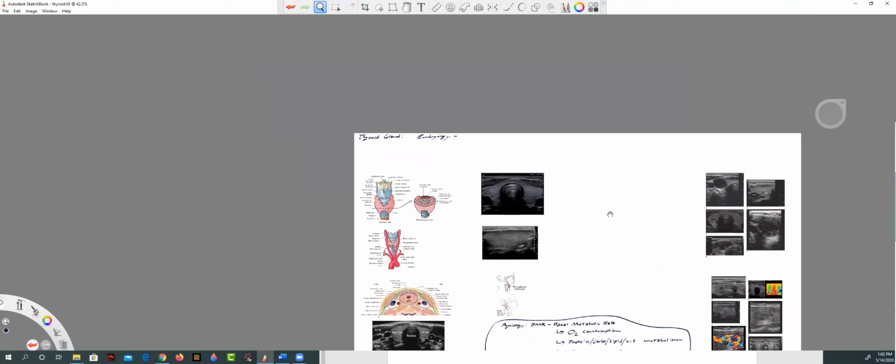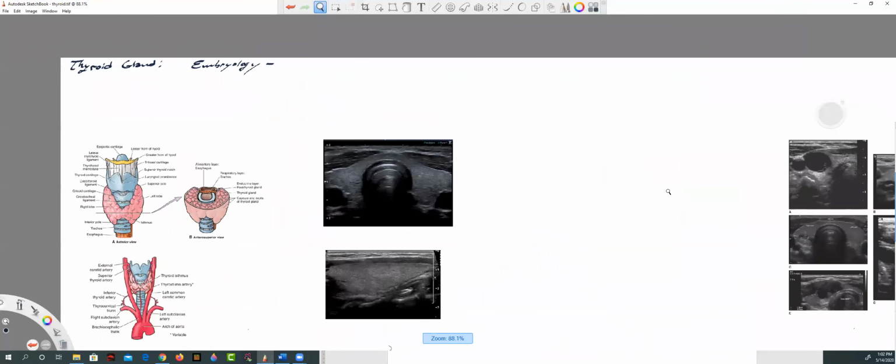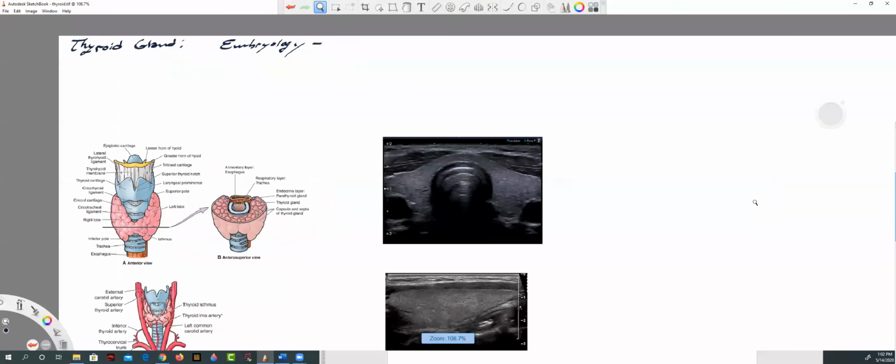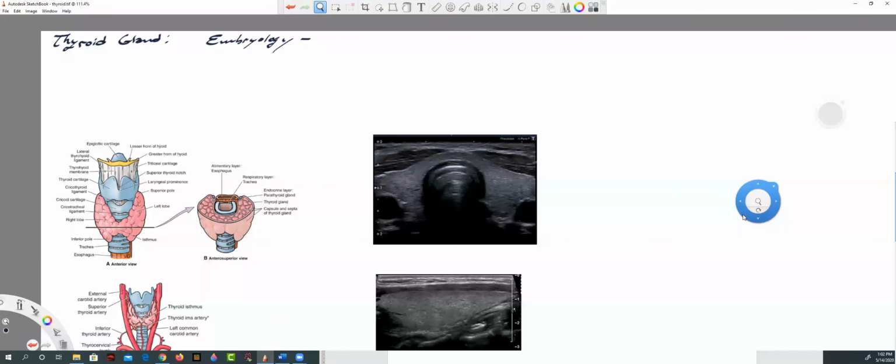I don't know how many of you saw Mike's thyroid, but he had one of the most visually dramatic appearances of thyroiditis, Hashimoto's thyroiditis, I've ever seen. It was a good example if you saw that.